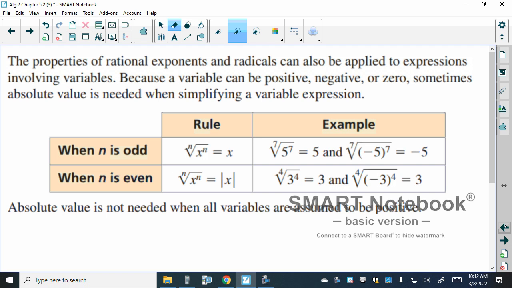If we worked it out, the fourth root of 3 to the fourth is going to be 3. The negative case, we work from the inside out, because -3 to the fourth would come out to be a positive 81. We take the fourth root of it, we get 3. Because we have to work from the inside out. We're not just canceling, because it's not going to end up being -3. It's going to end up being positive 3.